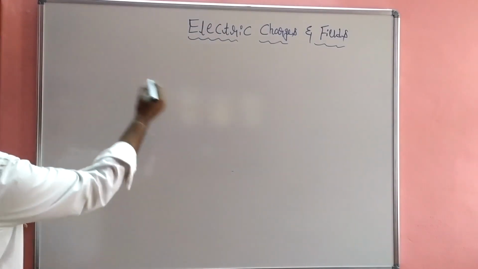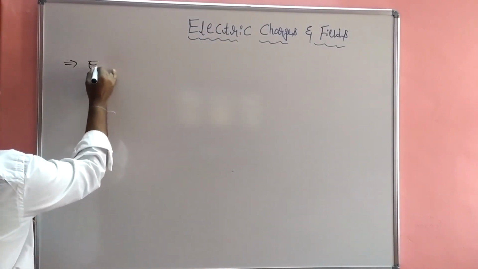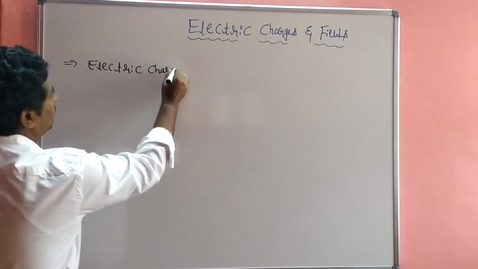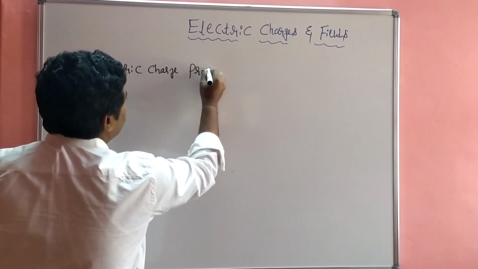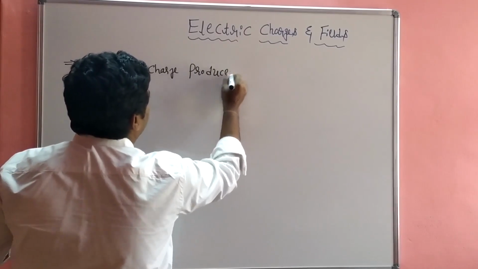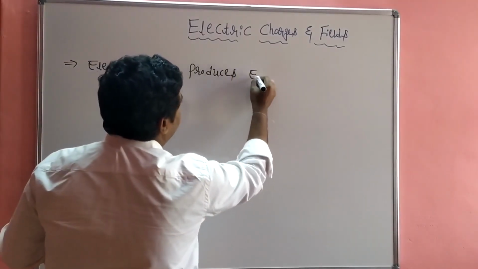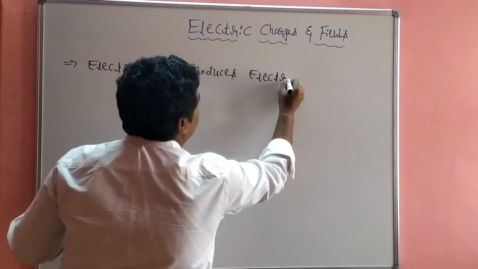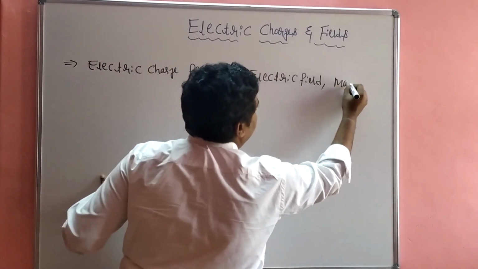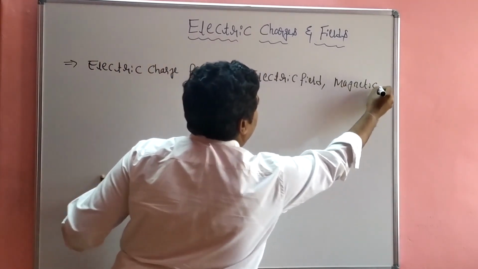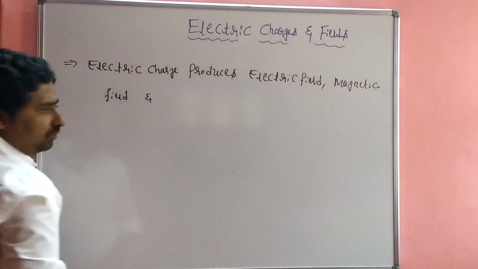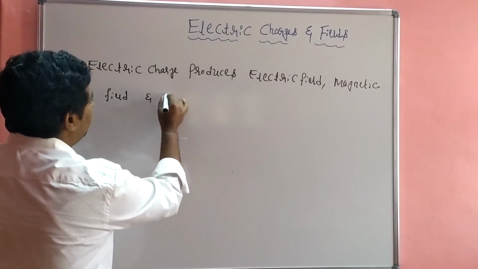So the electric charge produces electric field, magnetic field and also radiates the energy.